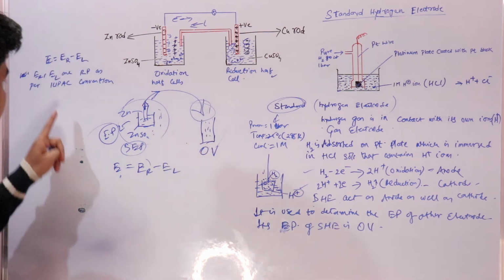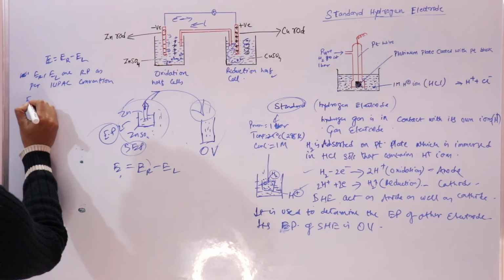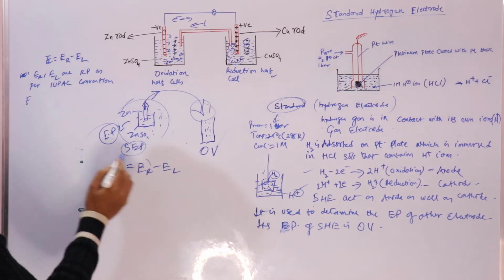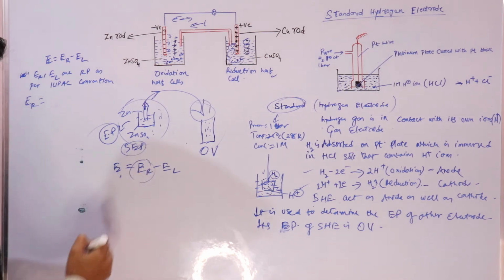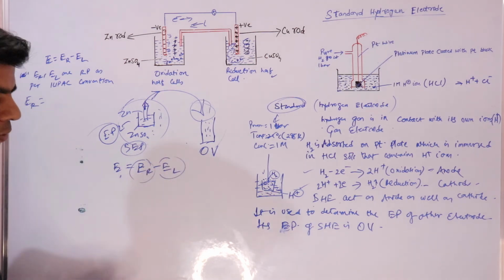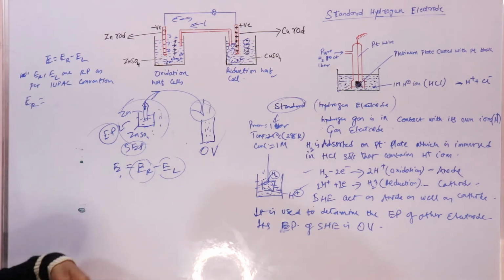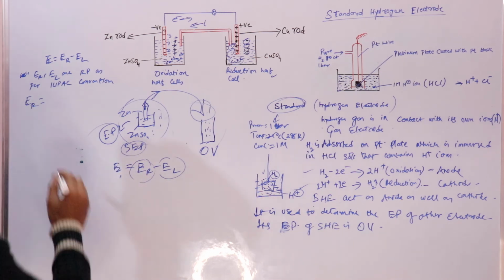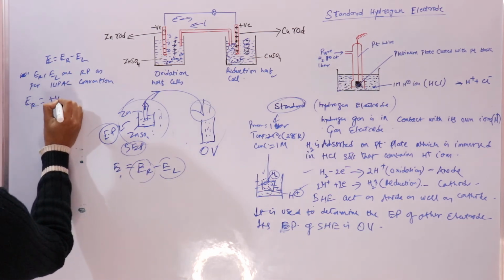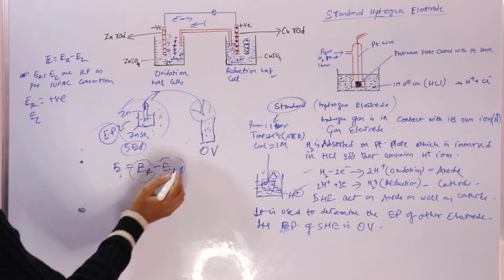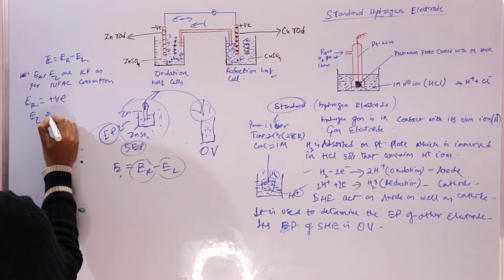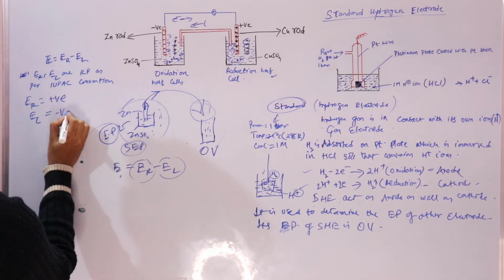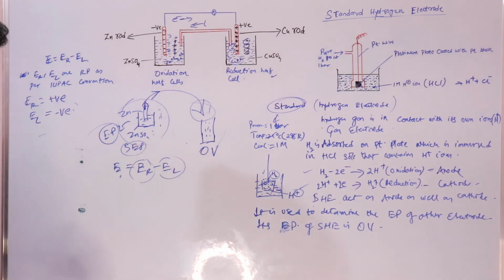So we know that since these are reduction potentials, this is the electrode potential for cathode, this is the electrode potential for anode, and we know that electrode potential of cathode, which is nothing but a reduction potential as per IUPAC, is a positive value, and electrode potential of anode, that is the left one, which is zinc, would be negative. It would be a negative value, right?